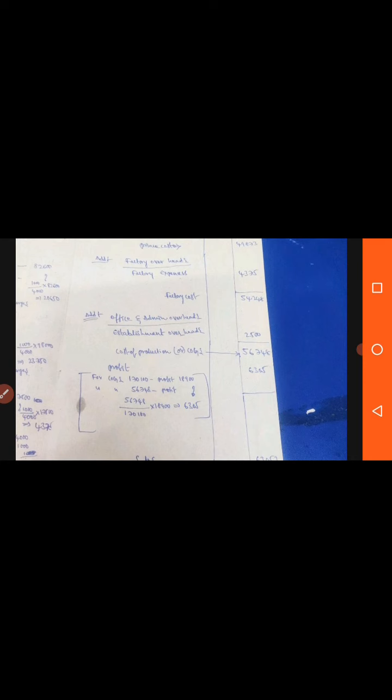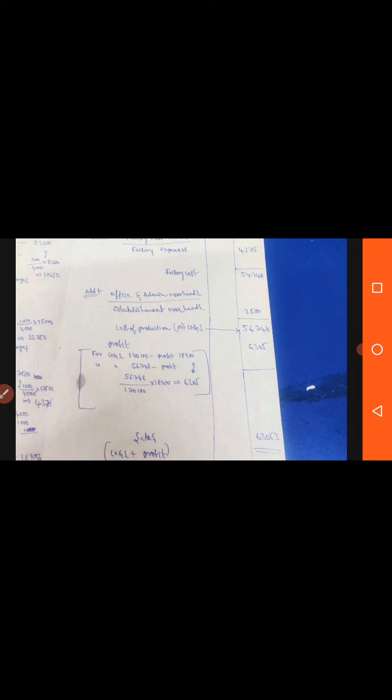So what is the profit for COGS of 56,748, which means for the production of 1000 units? 56,748 divided by 1,70,100 multiplied by 18,900, the old profit.